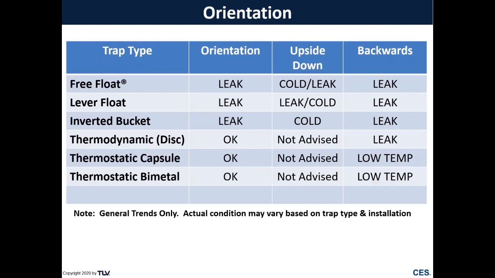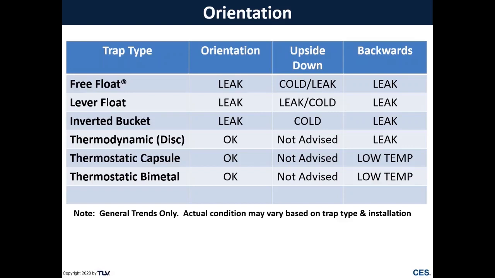If we look at traps that are installed upside down, lever floats and free float traps, they may fail, they may leak, or they may be cold, depending on condensate load and other factors. But you can see different failures with those if they're installed upside down, whereas a bucket trap is going to fail closed upside down.